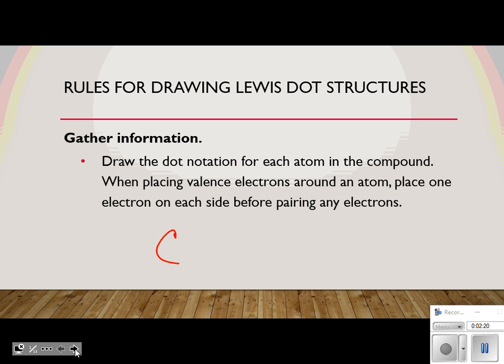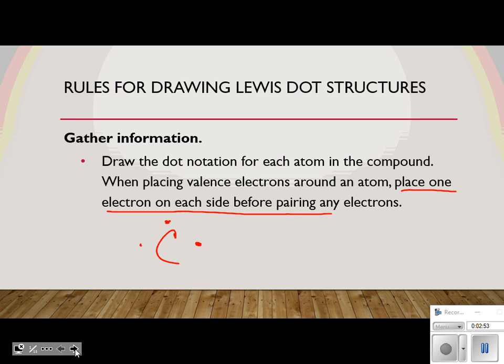If you and I were drawing the electron dot notation for carbon, we would draw it like this. Correct? We would fill in our dots 1, 2, 3, 4. Now, when we're drawing these dot notations, if we're drawing carbon, we're going to place one electron on each side before pairing.